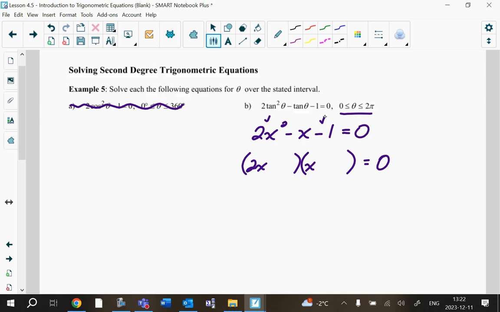But the question is, does the positive go here or does the positive go here? Well, it all depends on the middle term. So if I tried this, plus 1 minus 1, I know this works. I got to check to see if the middle works by rainbowing it. So I get minus 2x, I get plus x. Minus 2x plus x is negative x. So I factored it correctly.